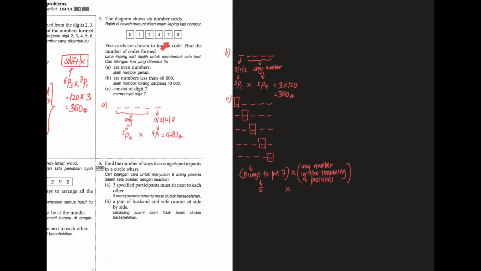So that's going to be 5p4. 5 times 5p4, which is 5 times 120, which is 600. Okay, so we have done 2 questions for problem solving. Okay, let's move on.